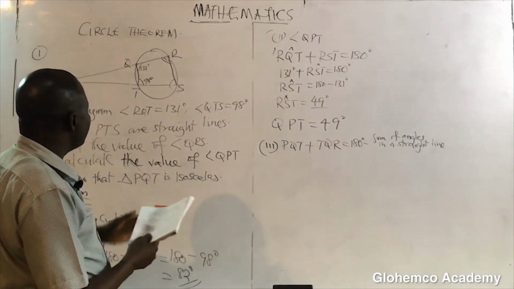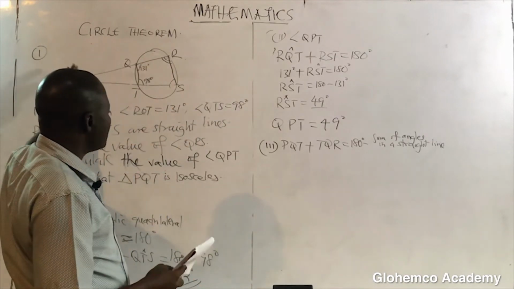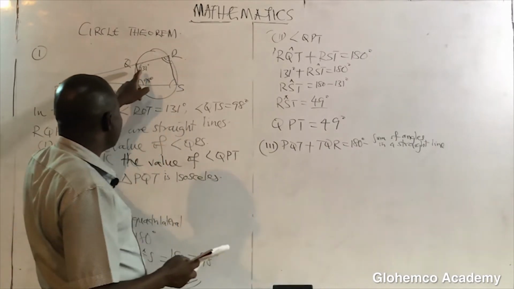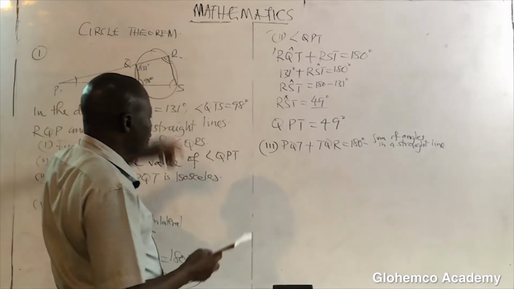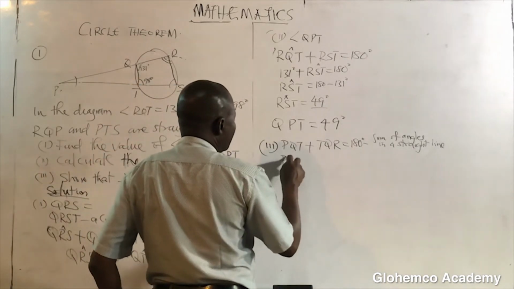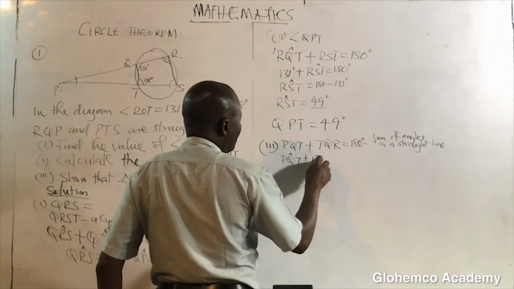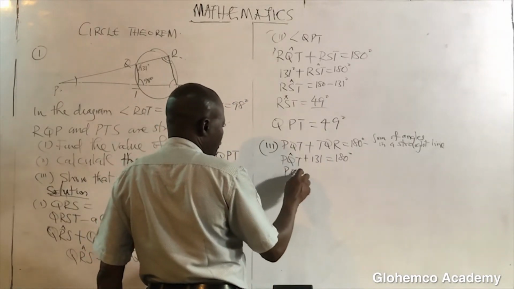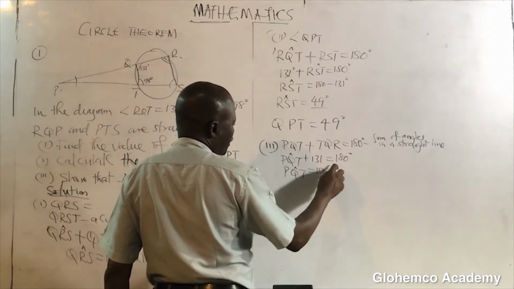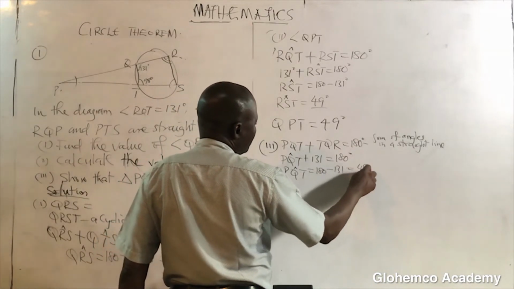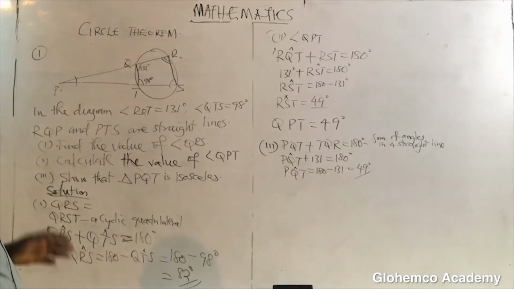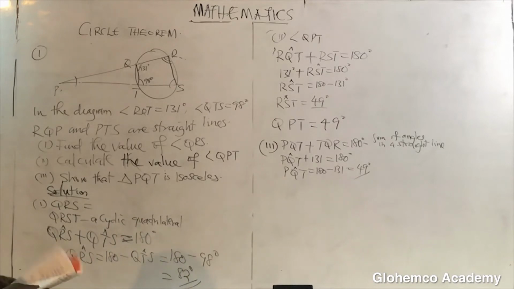And the one we are talking about now is a straight line. So PQT plus TQR must be equal to 180. But if you look at it very well, TQR is 131. So we say PQT plus 131 gives us 180. PQT equals 180 minus 131, and that gives us 49 degrees. So that is the value of PQT here.